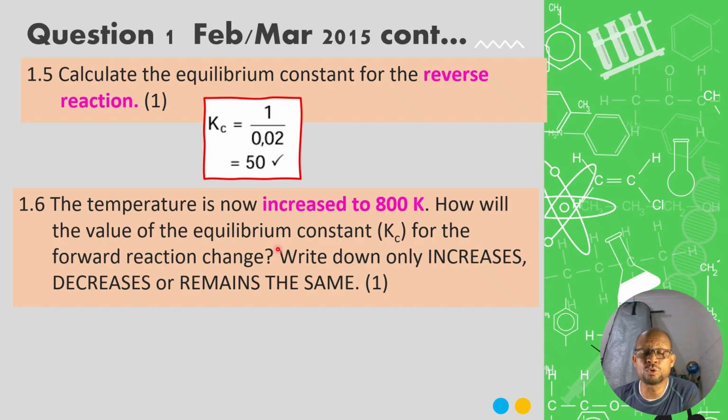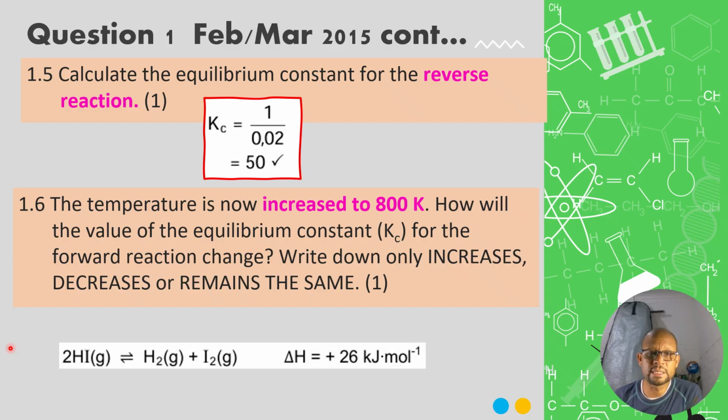It depends which reaction is the endothermic reaction, because the endothermic is the one that is favored when the temperatures increase. So it's important that you go back to your equation and the information that you wrote down. How will the value of equilibrium constant for the forward reaction change? Write down increase, decrease, or remain the same. Take note that here your choices are different from the choices in the first case when we had another question.